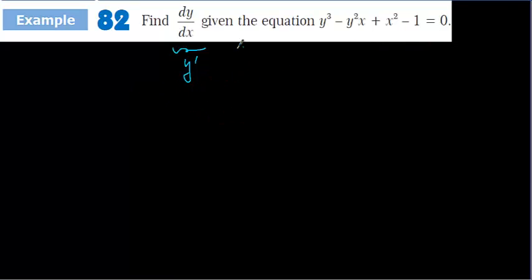So I'm going to get the derivative of this expression like this: y cubed minus y squared x plus x squared minus 1 derivative is equal to 0 derivative it's going to be. And this is going to be y cubed derivative plus, minus.